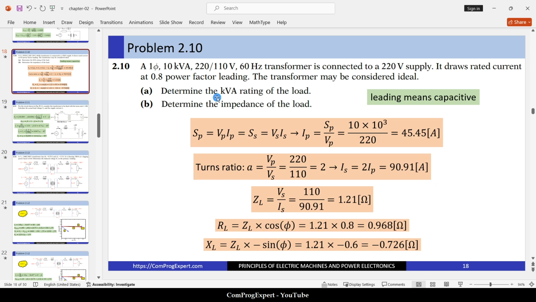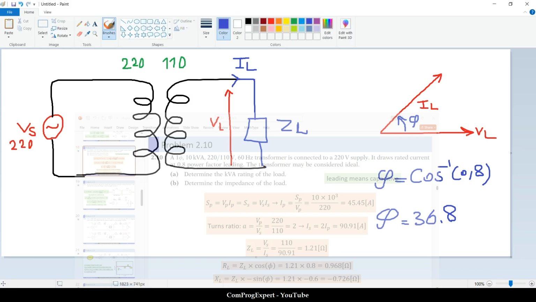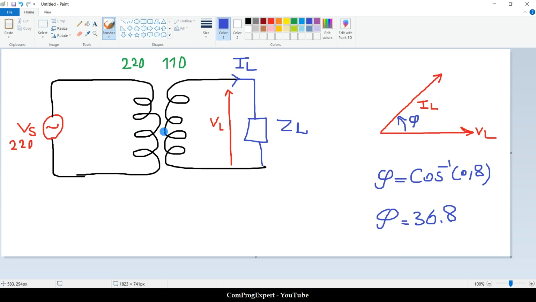So how can we determine the kilovolt ampere rating of the load? Because the transformer is ideal, we don't have any loss in it, it is lossless. So the total power of the supply will be transferred to the load.